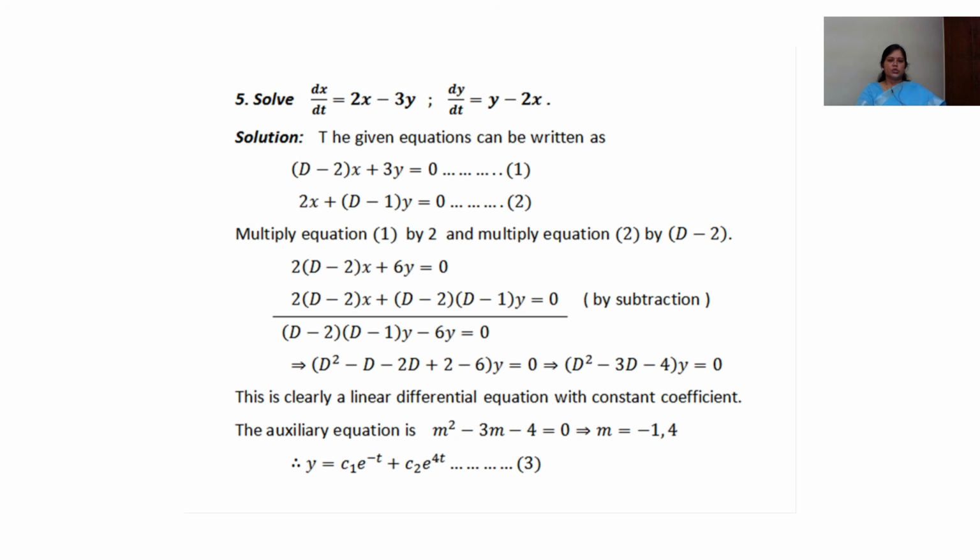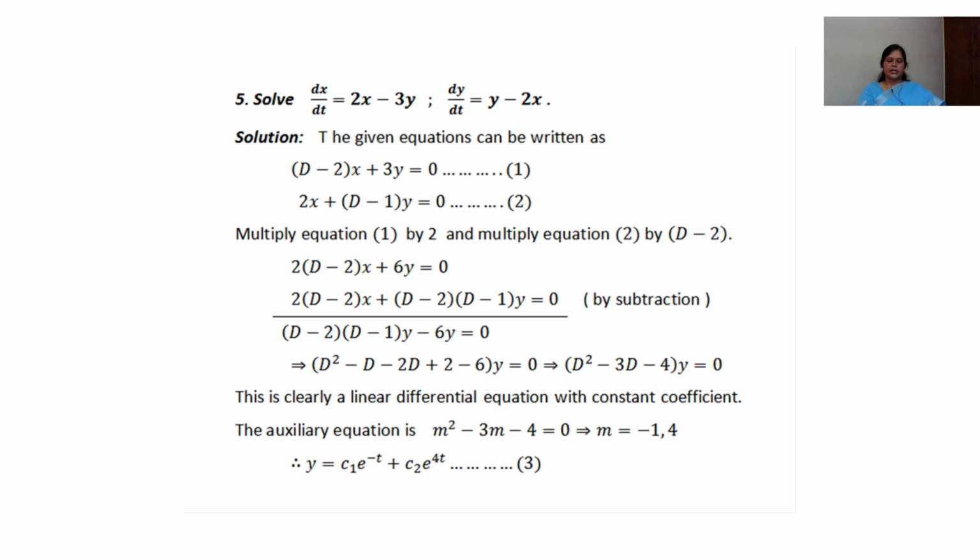If you subtract these two equations, we'll get (D minus 2) into (D minus 1) into y minus 6y is equal to 0. After simplifying this equation, we'll get (D square minus 3D minus 4) into y is equal to 0. So this is the form of a linear differential equation with constant coefficients.